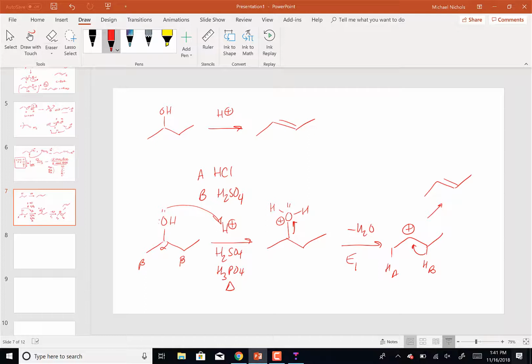Therefore, the product of this reaction is the most stable alkene. E1s always produce the more stable alkene. That is Zaitsev's rule. Zaitsev developed the rules on dehydration reactions.